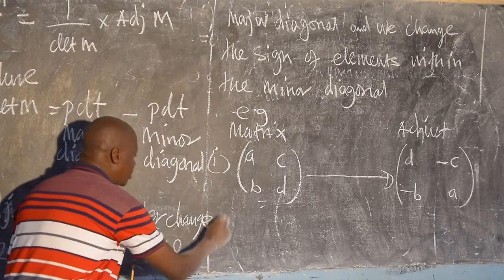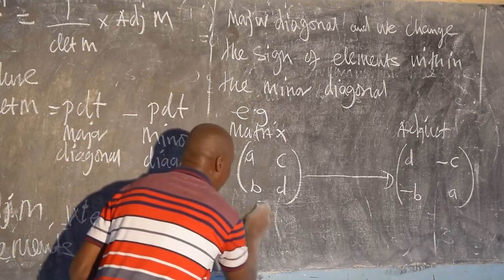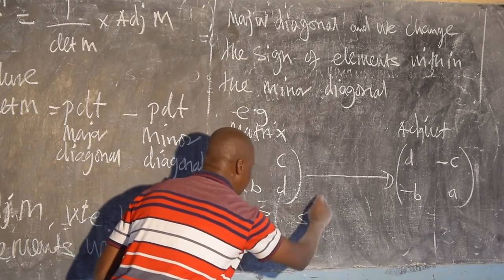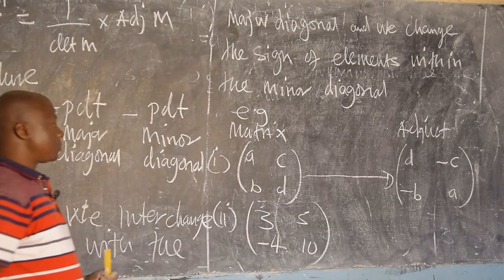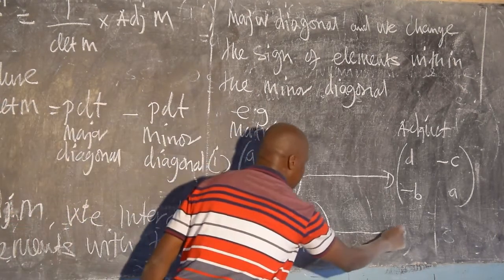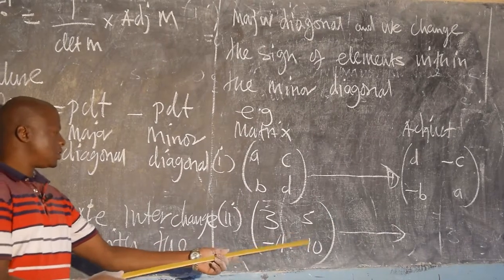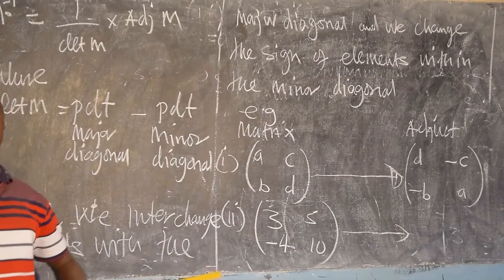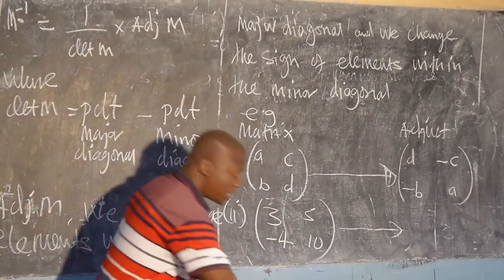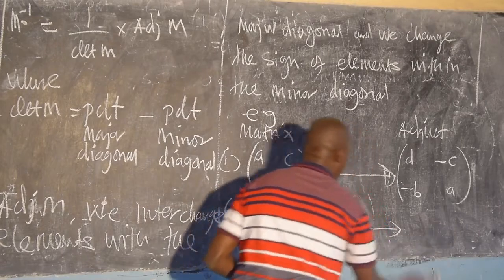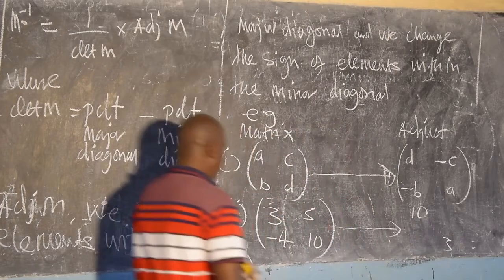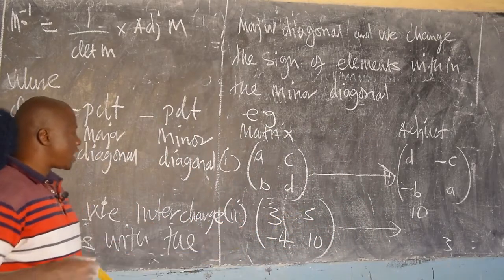Allow me to give another example here. We have 3, negative 4, 5, 10. That is our matrix. What about its adjunct? Interchange position of elements within the major diagonal, meaning that we are going to have 10, 3, whereas the minor, change the sign.